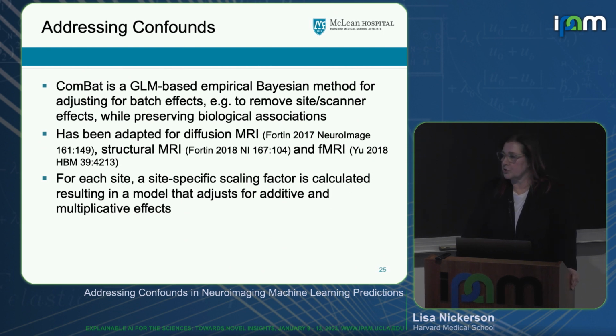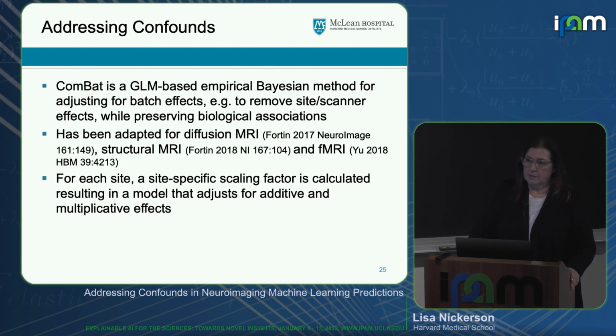Another popular approach for deconfounding or harmonization, however you want to think about it, is the ComBat approach that was adopted from the genetics literature. It's a popular batch effect correction method used in genomics that's been adapted for correcting batch or site effects in multi-site imaging data. It's a GLM-based empirical Bayesian method for adjusting for batch effects, so to remove those site scanner effects while preserving biological associations.